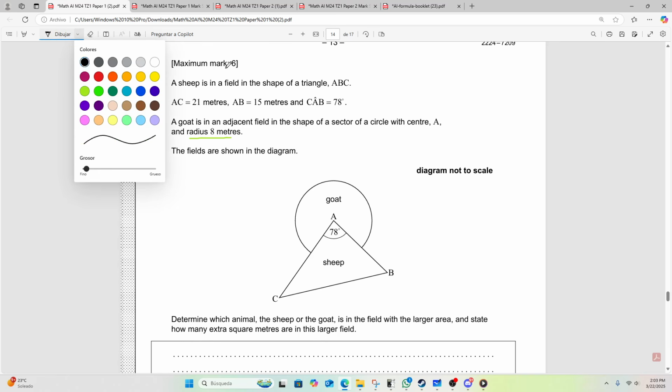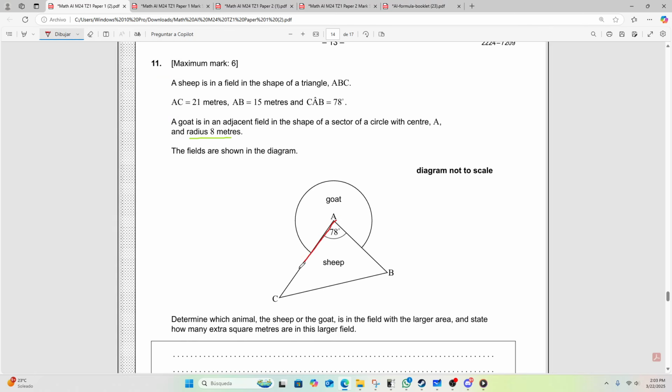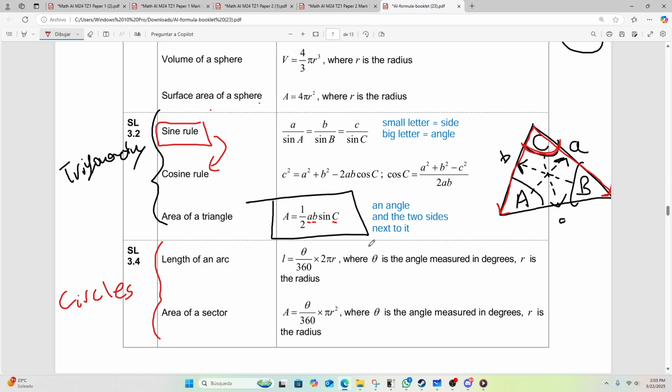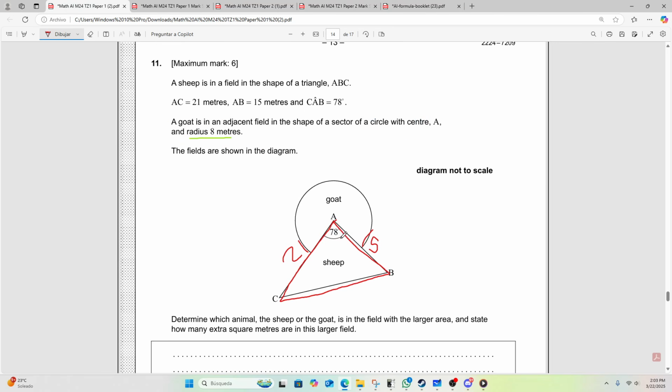You need to find the area of this triangle. And they tell you that AC is 21, this whole thing, and also that AB is 15. And so look at that. You have an angle and the sides next to it.